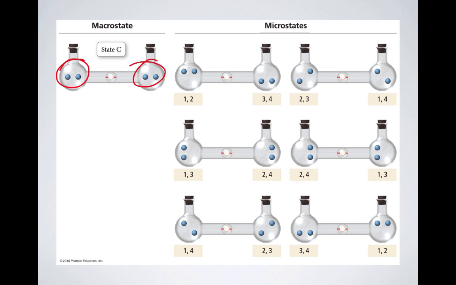Here I can have 1 and 2 on the left, 3 and 4 on the right. I can have 2 and 3 on the left and 1 and 4 on the right, and so forth. So we have several different microstates that exist within that one simple macrostate. The macrostate just indicates that I have 2 particles on both sides, left and right.